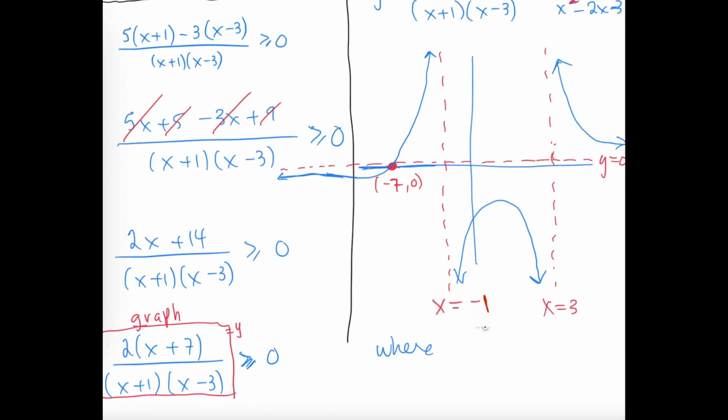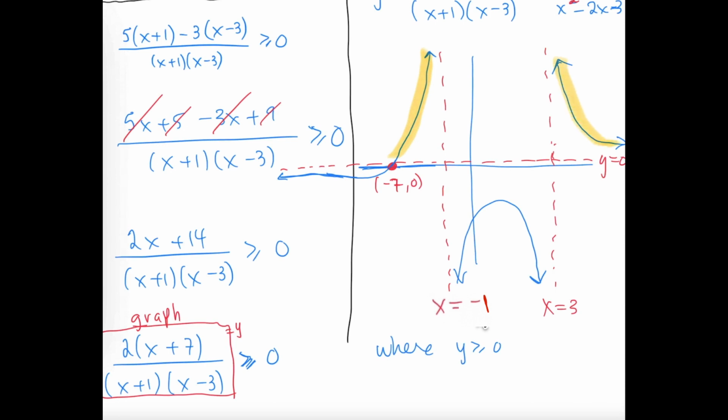So essentially, where is y greater than 0? Well, in the region out here, our y values are underneath the x-axis, so they're negative there. So we'll say that the y values are greater than 0 up here, and then also up there.